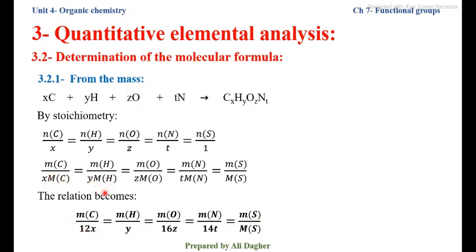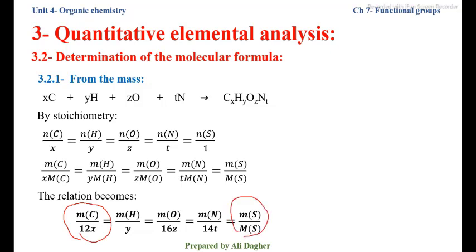We have replaced the molar mass of each element by its value: carbon 12, hydrogen 1, oxygen 16, nitrogen 14. The molar mass of S should be given to determine x, y, z, and t. To determine x, we take the first ratio with the last ratio.